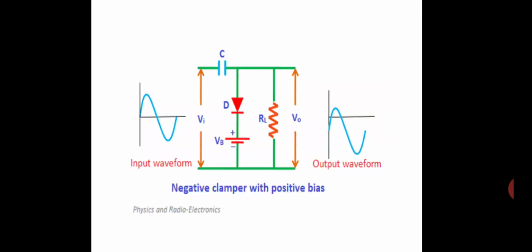The battery is always negative with the diode, and negative clamper means clamping the signal in the reverse direction.